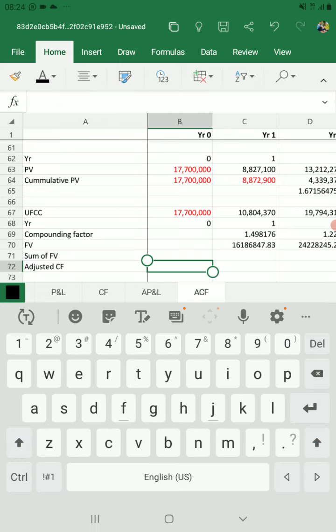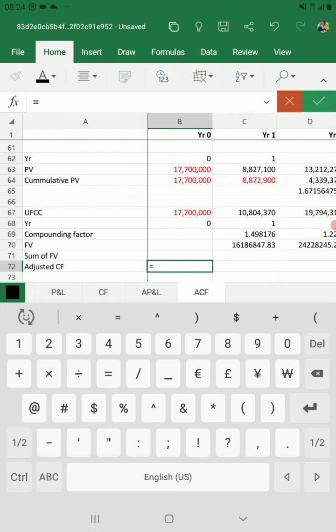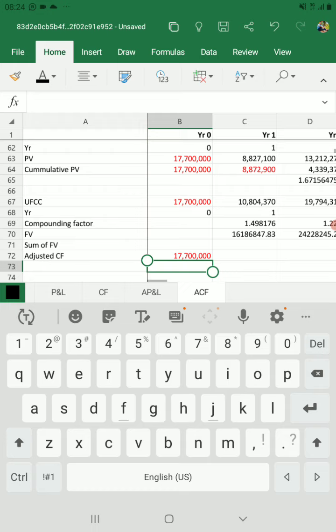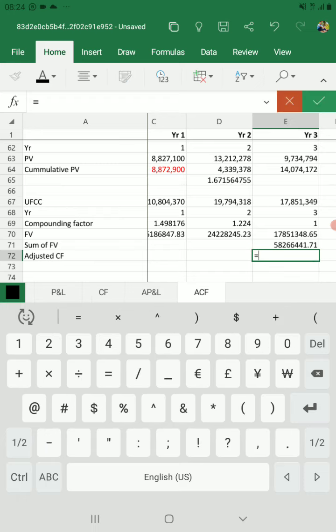In year 0, it's just the same, which is start with equal sign, which is this one, unlevered free cash flow in year 0. It is already now, so there is no need to discount it. And at the end here, the figure is simply this one.